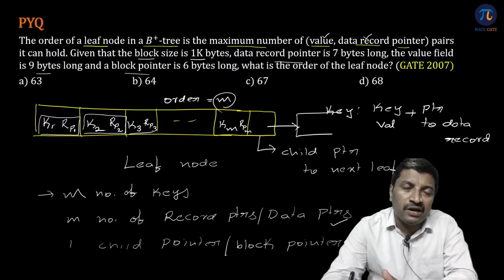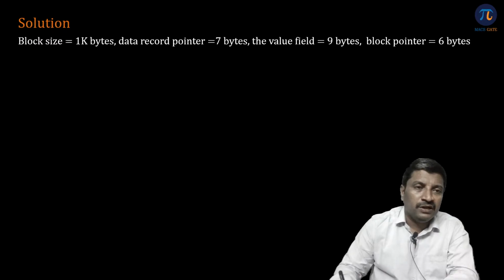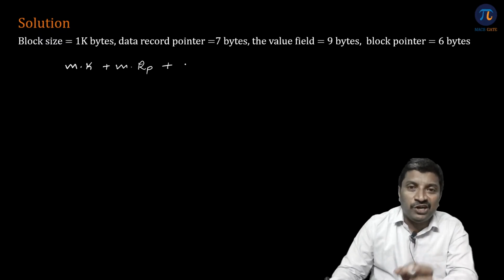Now let us find the order of leaf node. Right? M number of keys, m into key size, plus m number of data record pointers, plus one child pointer.